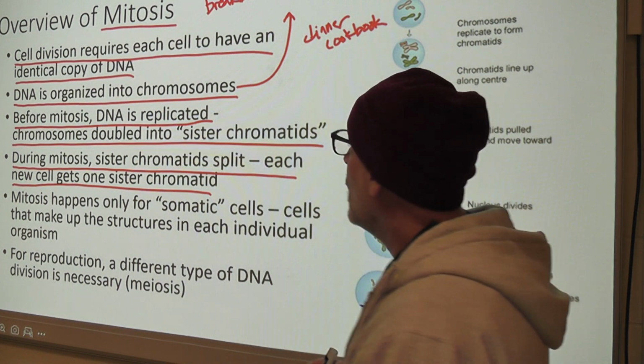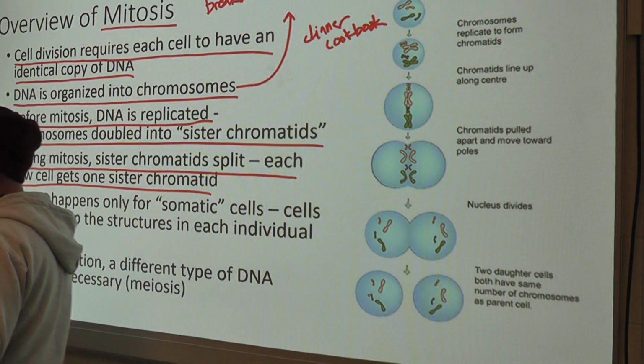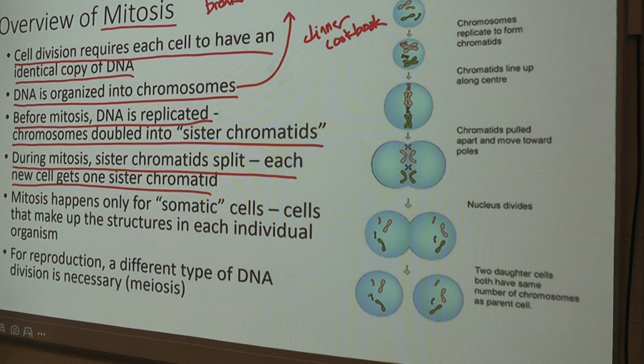And mitosis, we're not going to have to worry about this too much now, but when it comes to organisms reproducing, sometimes we need a slightly different type of division. We need to do things a little bit differently. That little bit different we'll look at after spring break. It's called meiosis.